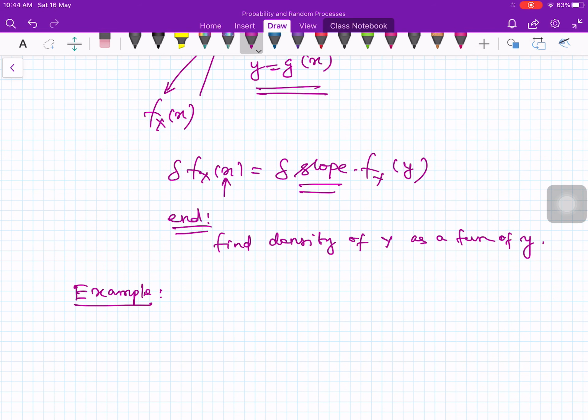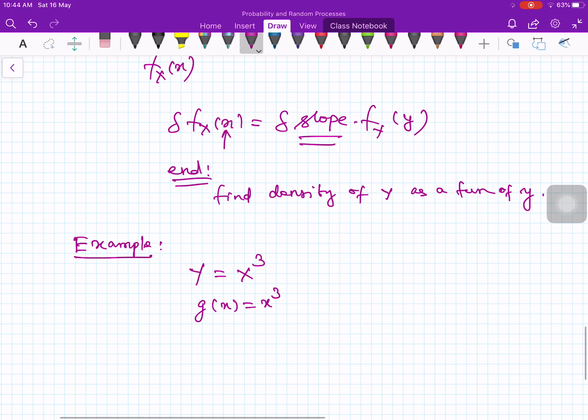Suppose that we are dealing with the function, let's say y is equal to capital X cubed, in which case our function g of x is equal to x cubed. Let me call this equation number 2.